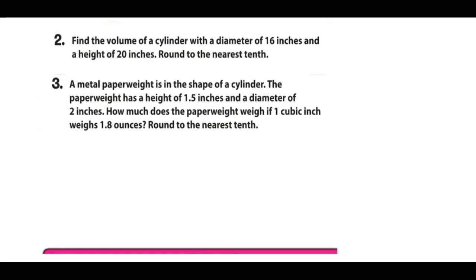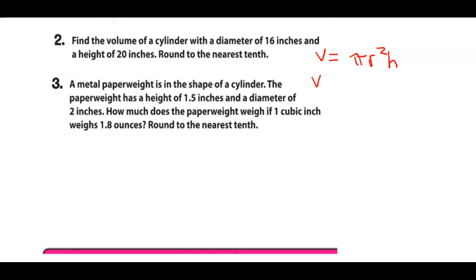All right, number 2, we're going to do the exact same way. Let me hit the pen tool here, you guys, and let me see if I can get the colors to pop up. Let's change that from yellow to a red if it allows us to. There we go. So volume is equal to pi times the radius squared times the height.